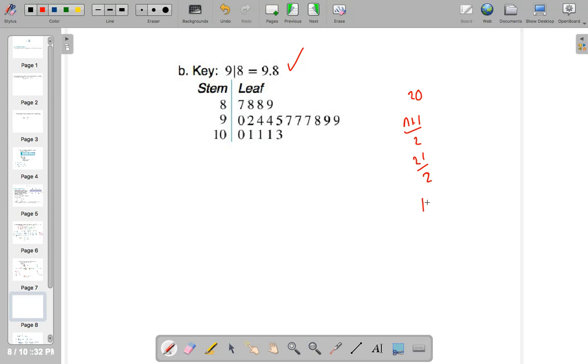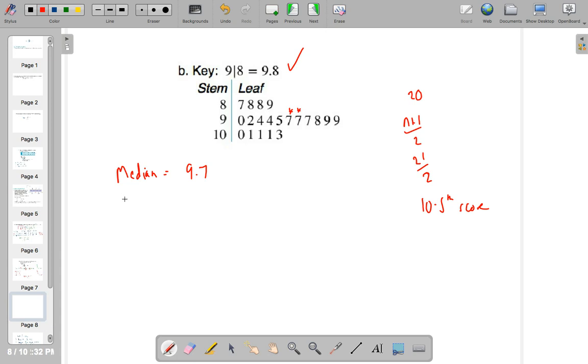So I'm after the 10.5 score for my median. Halfway between the 10th and the 11th score. Let's count. The 10th score is 9.7. The 11th score is 9.7, so halfway between them is 9.7.